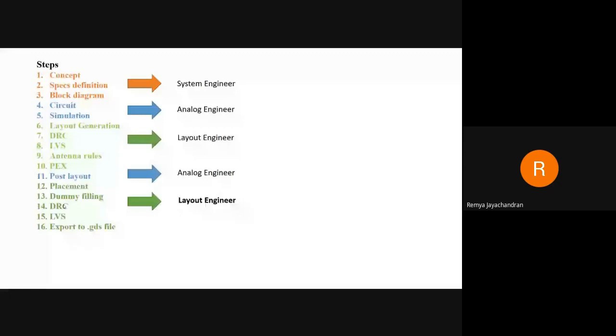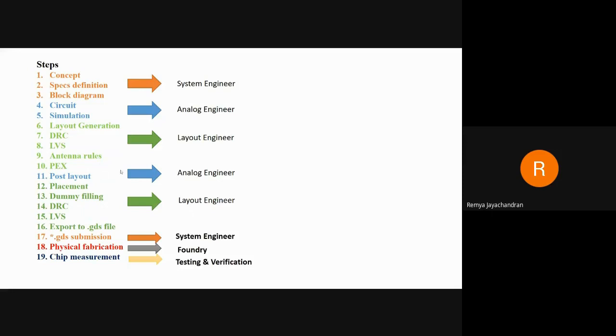Then again, we have to go for the design rule check and then the LVS check. Once the LVS check is clean and the design rule check is correct, then we can export this to the GDS file.